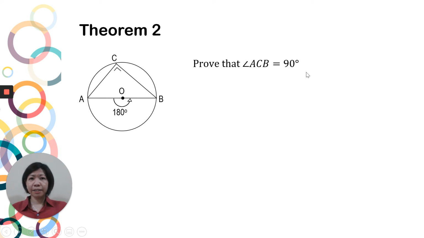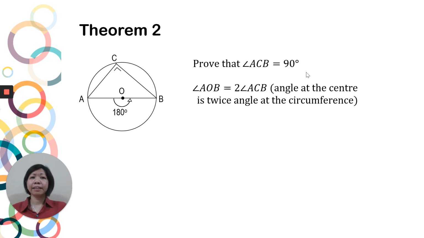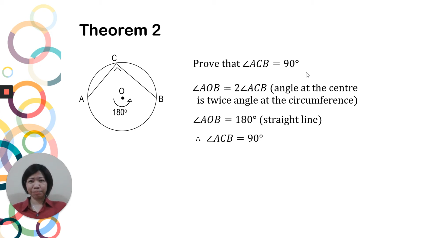In order to do that, let's recall the first theorem that we have just proven. The first theorem says that angle at the center is twice angle at the circumference, which means angle AOB is twice angle ACB. And we know for sure the size of angle AOB here because AOB is a straight line. So AOB equals 180 degrees. And that means angle ACB is half of it, which is 90 degrees.